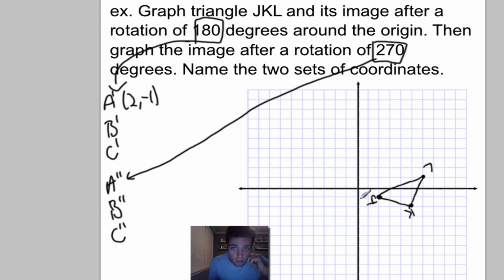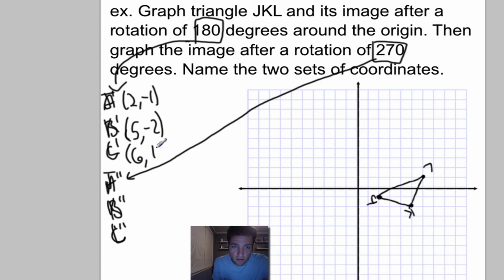Oh, I should have called these J, K, L, excuse me. I got caught up with my ABCs, sorry. So K is now at (1, 2, 3, 4, 5), (1, 2, 5), negative 2. And L is at (1, 2, 3, 4, 5, 6), 1.